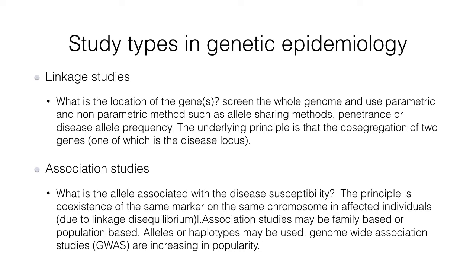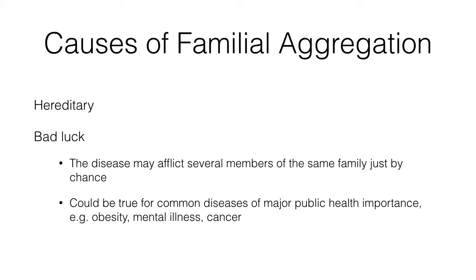When we look into families and diseases, we would see that certain diseases are familial aggregated. So what are the causes of familial aggregation? Number one, it would be hereditary. Number two, the disease may afflict several members of the same family just by chance.